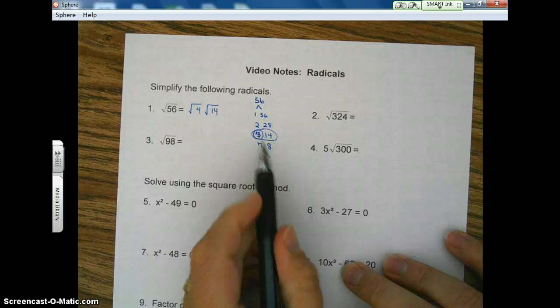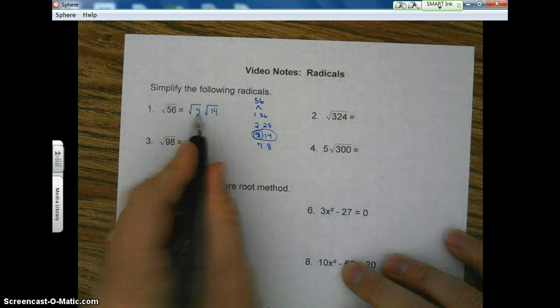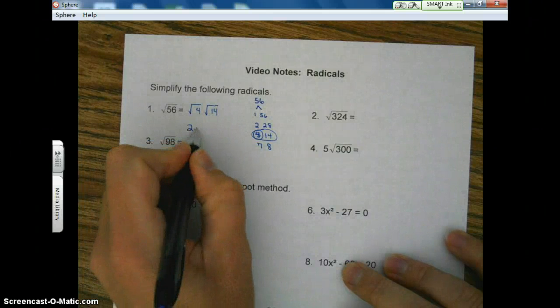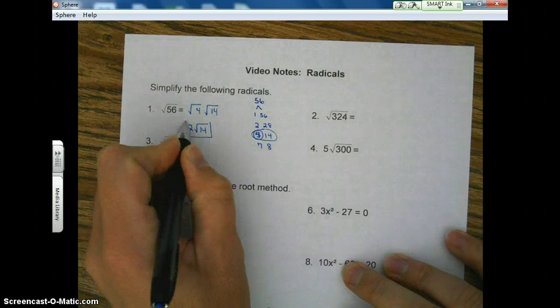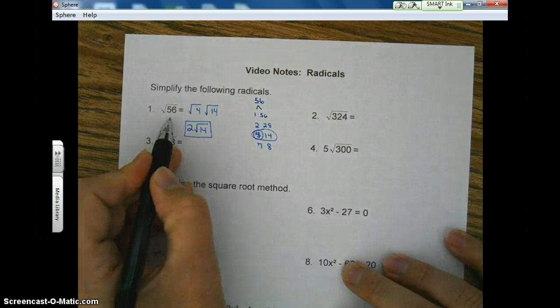Remember, we're looking for the perfect square. Then the square root of 4 is 2 and the square root of 14. And that is the simplified version of the square root of 56.